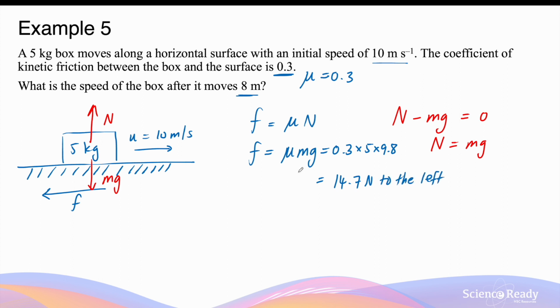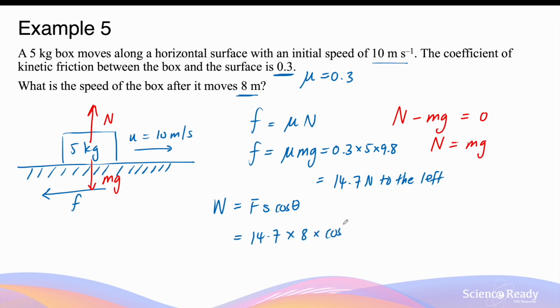Finding the magnitude of friction is useful because we can use that to calculate the work done by friction over a certain displacement. This is equal to force times displacement times cosine theta. The force of friction is 14.7 and the displacement traveled by the box during this time is 8 meters.